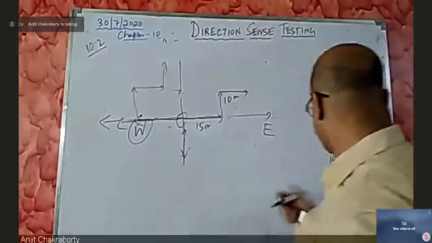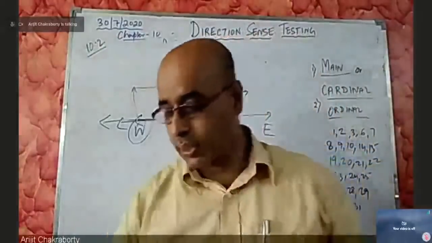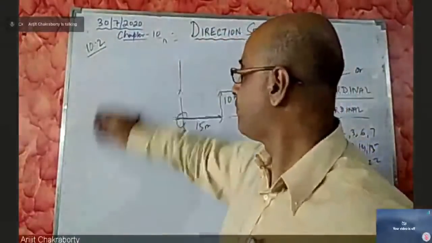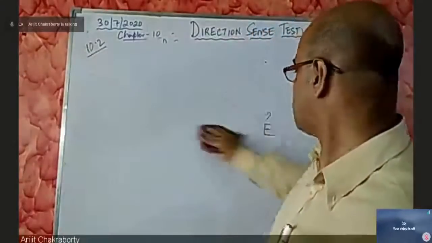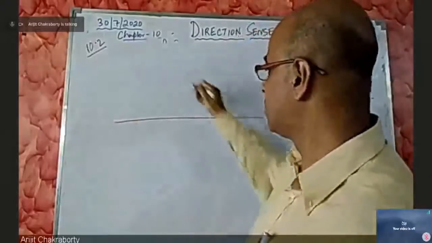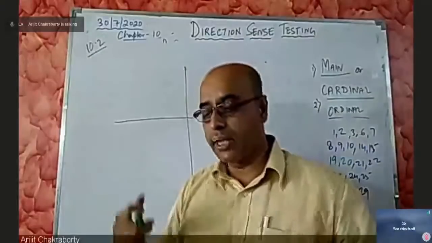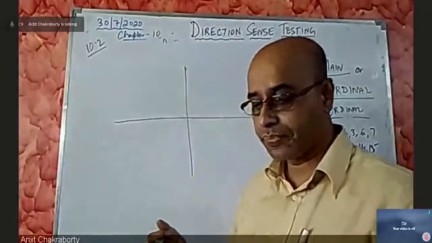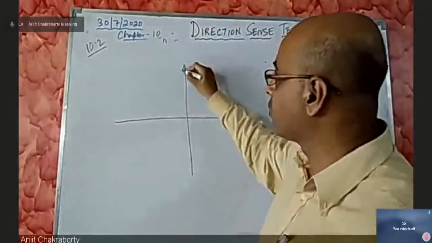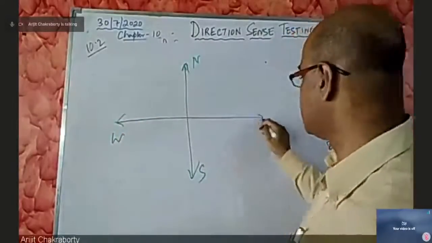Number 31 also we'll take. 31 says, I stand with my right hand extended sideways towards south. I stand with my right hand north, south, west and east.